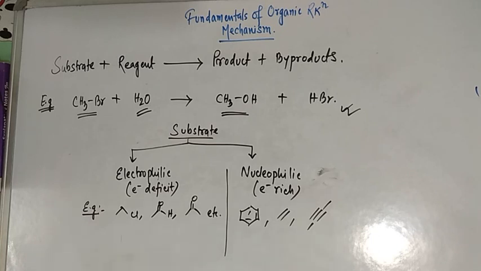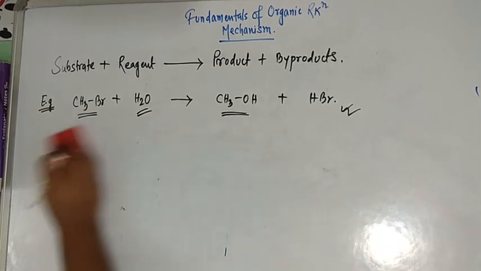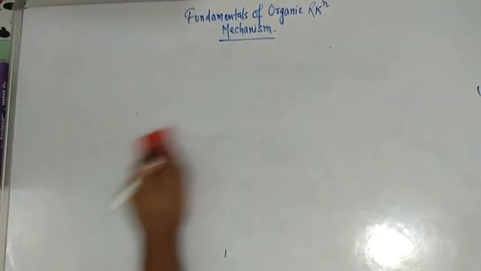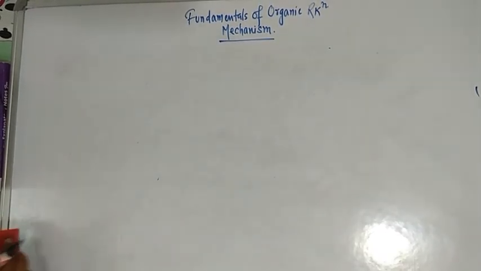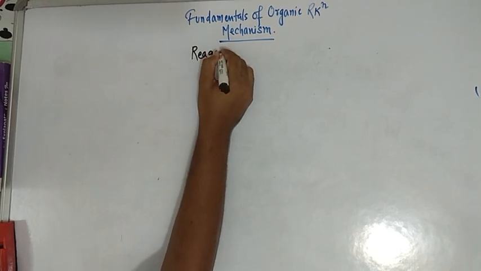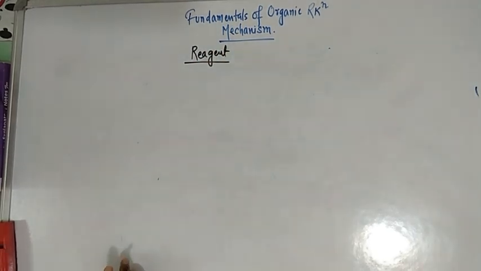Now we will move to learn about reagents. So, what is a reagent? A reagent is a chemical species which attacks the substrate to form the products, right?